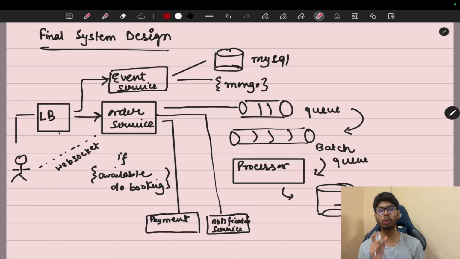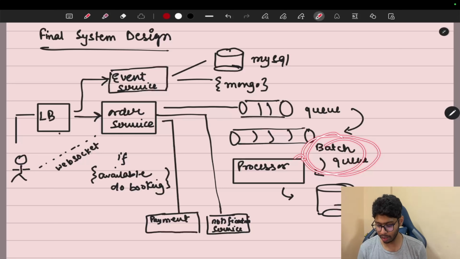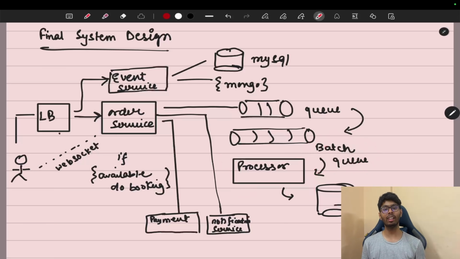Then this queue is going to be processed in batches. It will be an overhead for all the users if there is a very huge number, so it will be good if we process the queue in batches. So we have to make one batch queue, and there is a processor that is able to filter it.